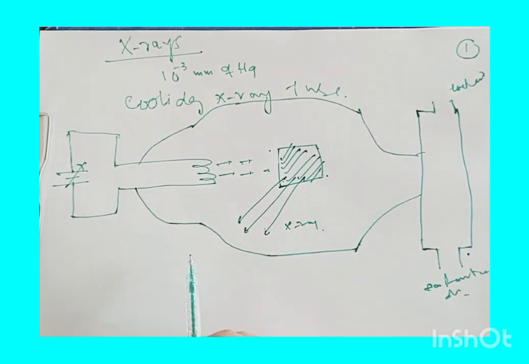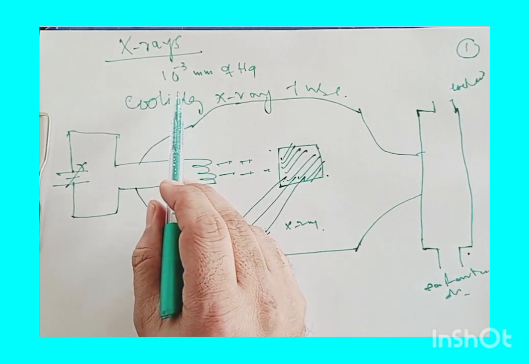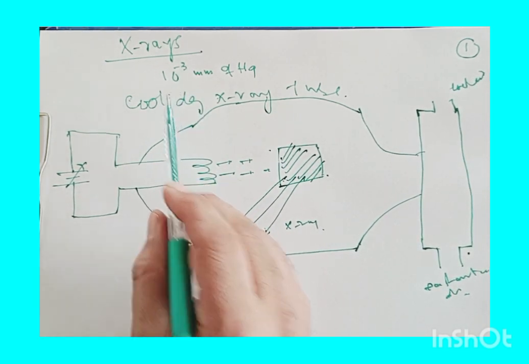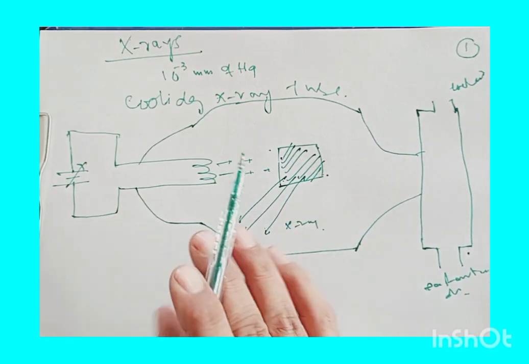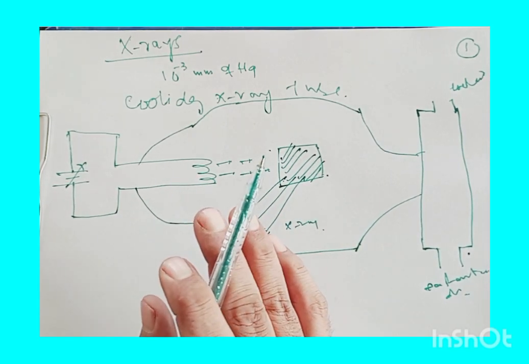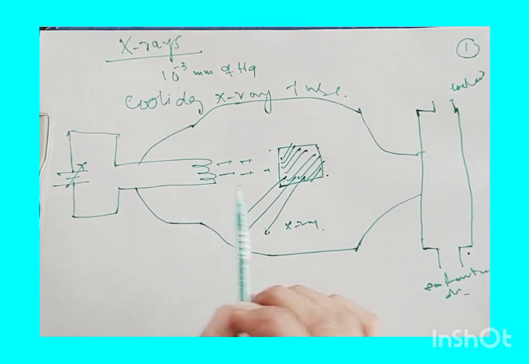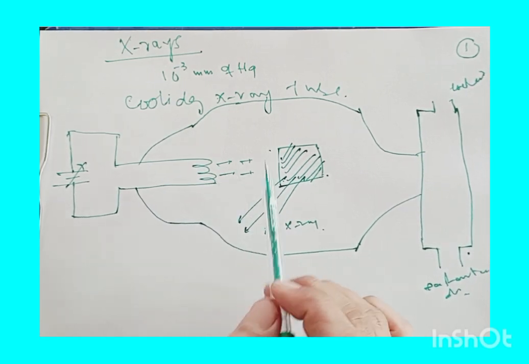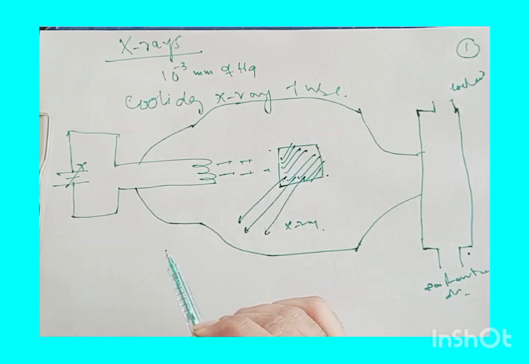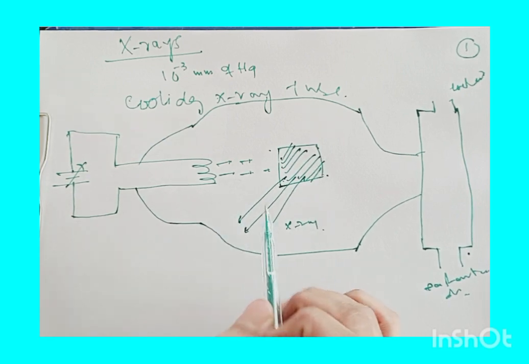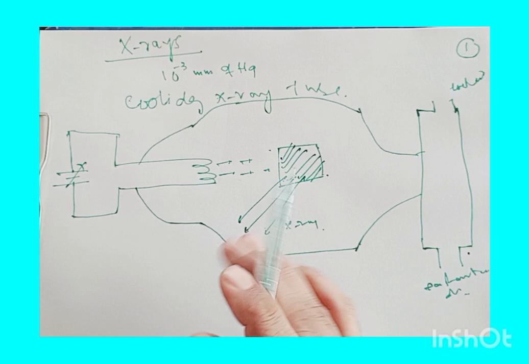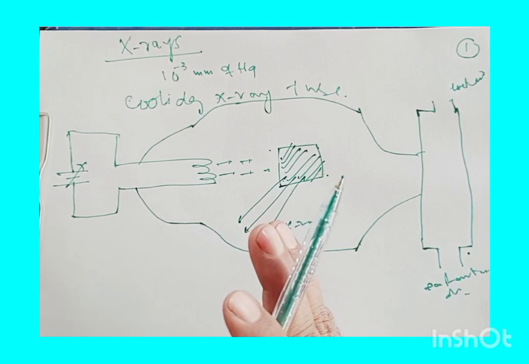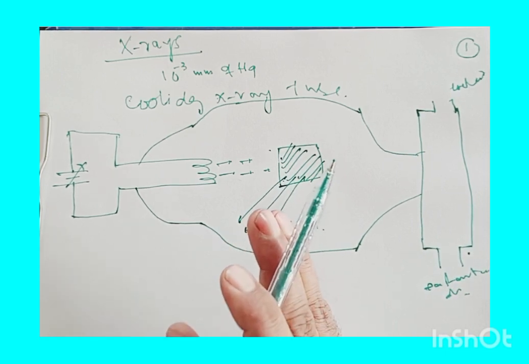To say about this Coolidge tube: when the pressure of the tube is of the order of 10 to the power of minus 13 mm of Hg, and we have an electric discharge passed between the cathode and anode, the glass walls of the discharge tube behind the cathode, what happened in the original experiment?